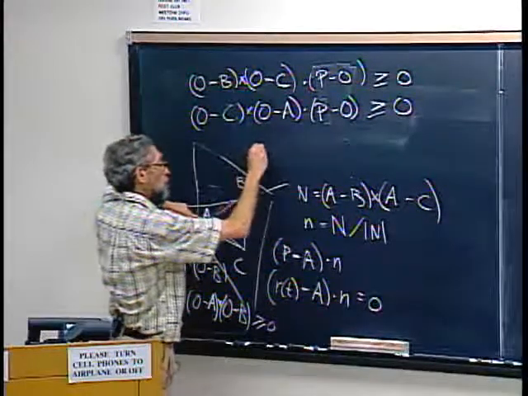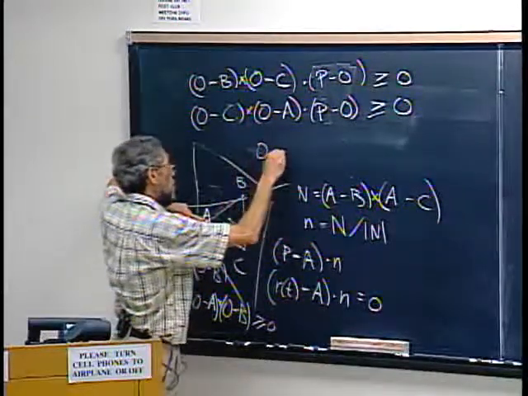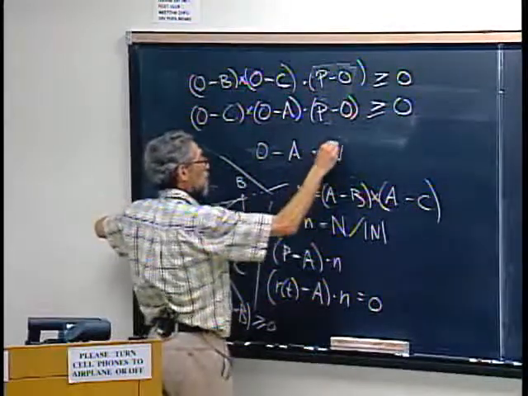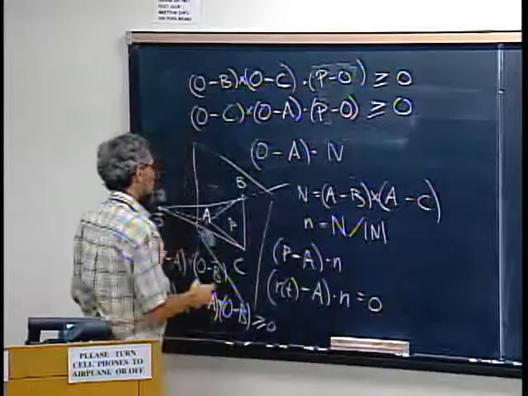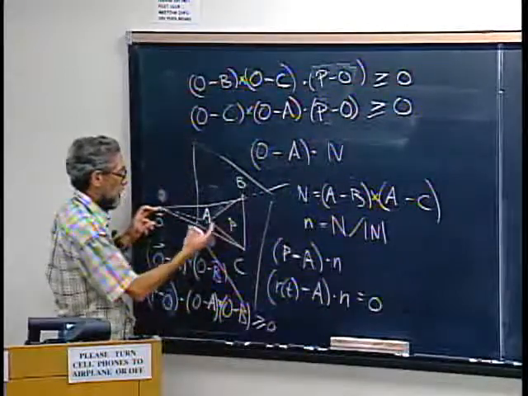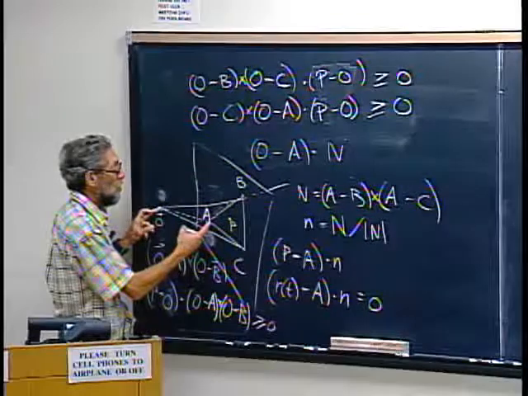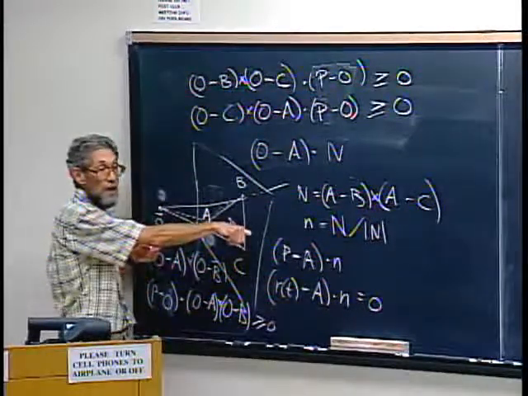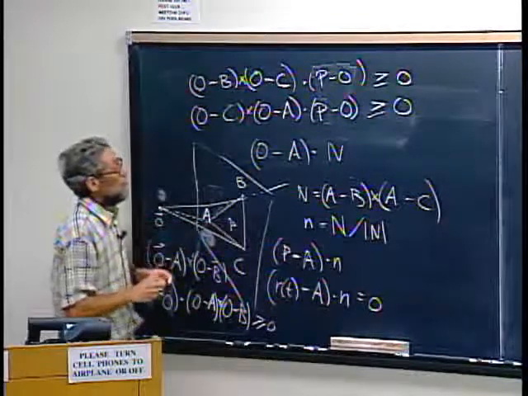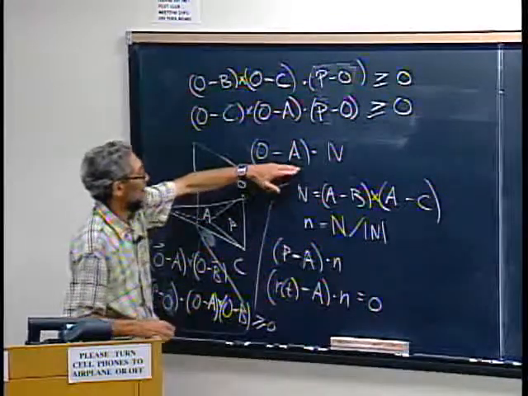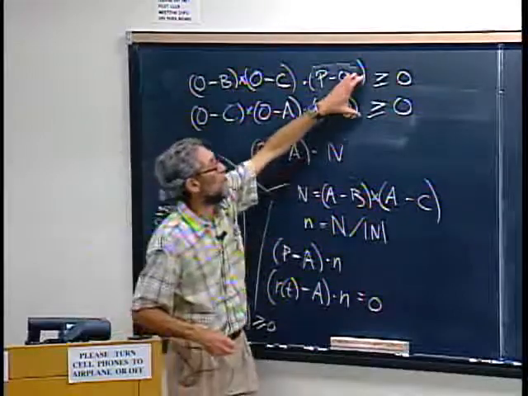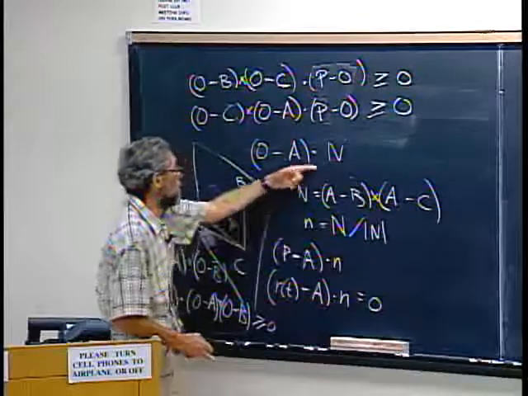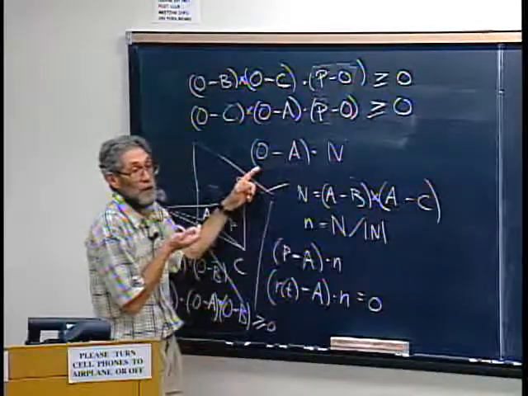If we take O minus A dot this normal, or any point on the triangle here, dot the normal, that'll tell us, in this case, it will be negative, right? Because this thing is pointing away from us. So what we can say is, if this is negative, then you insist these be greater than or equal to 0. Whereas if this thing is positive, you insist on it being less than or equal to 0.